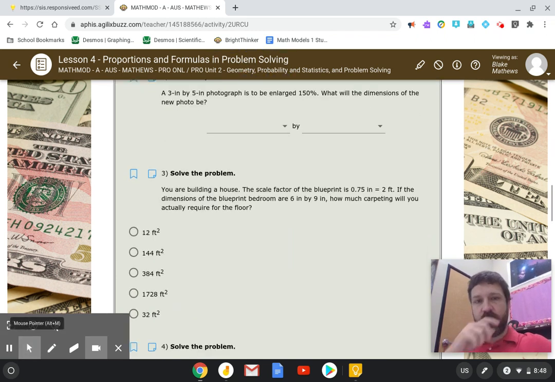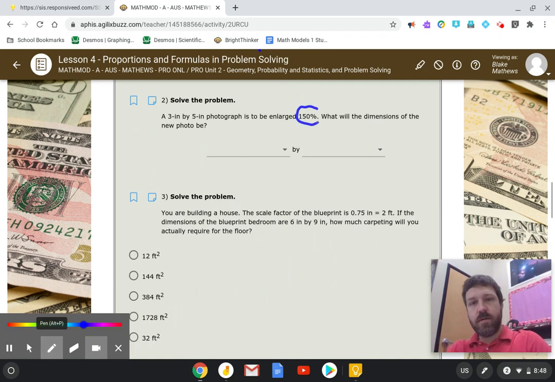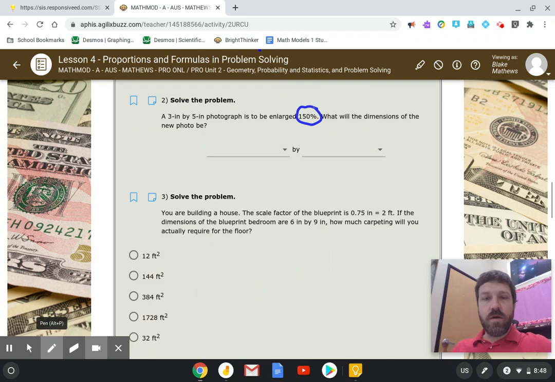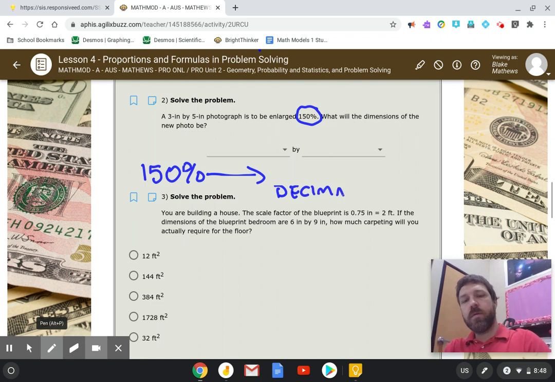Number two, it says we have a 3x5 photograph that's going to be enlarged to 150%. You should know that in algebra and math, typically when we're dealing with percentages, we're talking about multiplication. But more than that, we're talking about multiplication of a decimal. So if I'm going to use 150%, I actually need to put it into a decimal first.